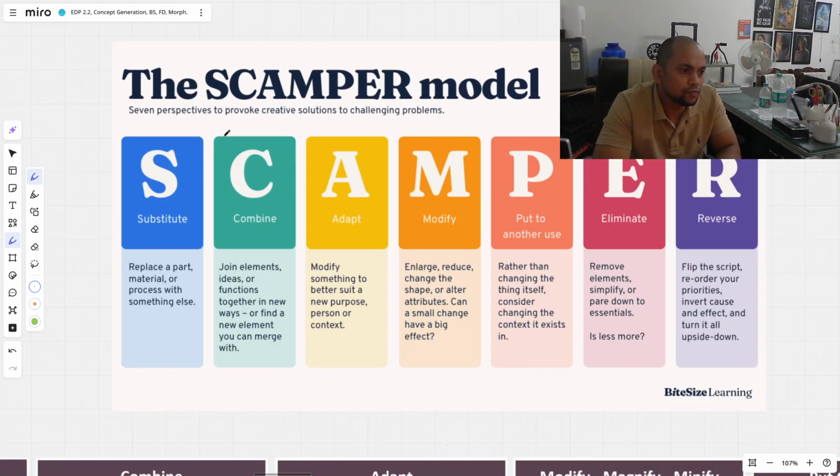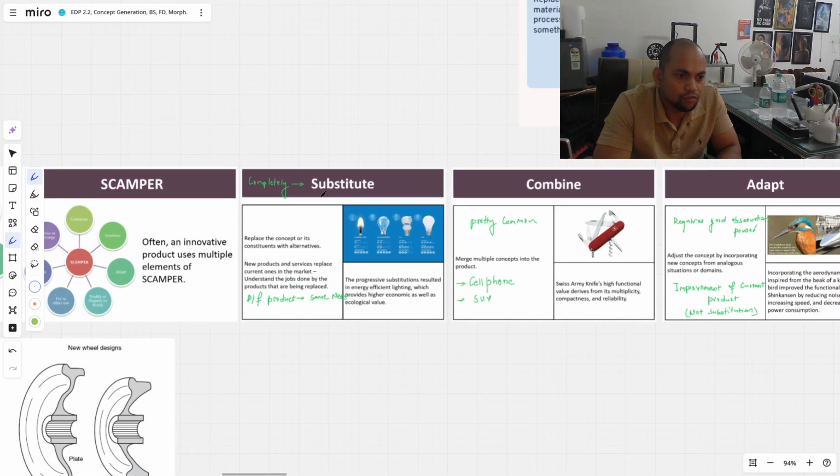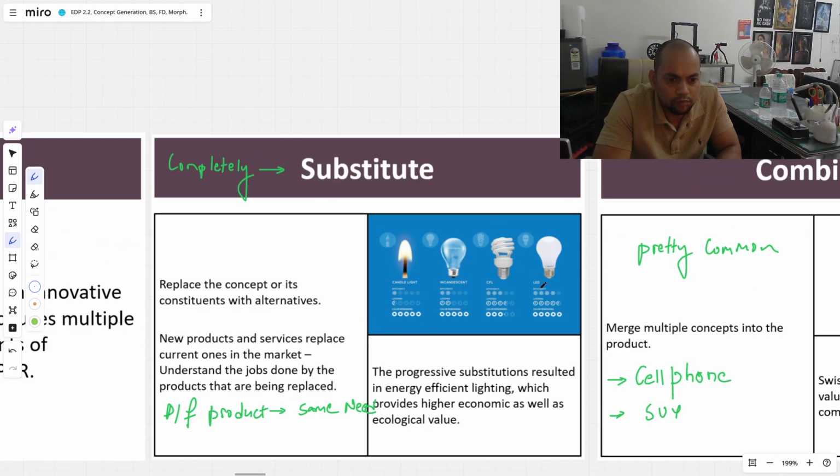Okay, so S means substitution. That is, you're substituting one part of it with something else. One example of this is how a light bulb was improved over time. Here we are substituting different products for the same need.